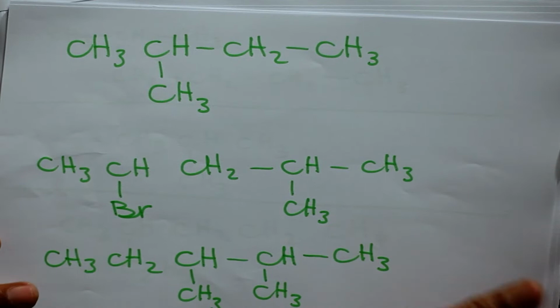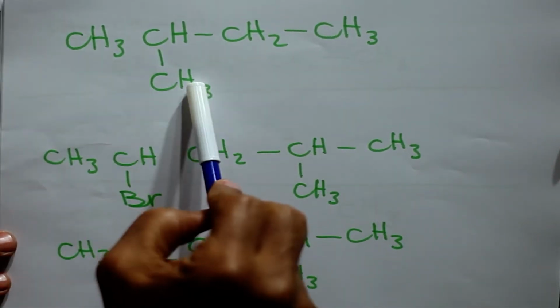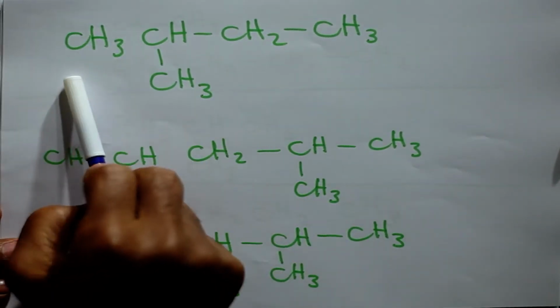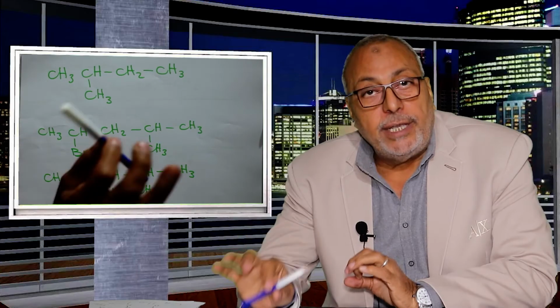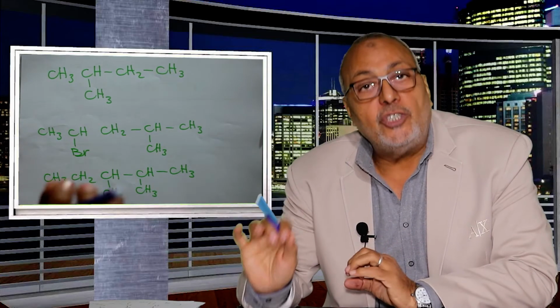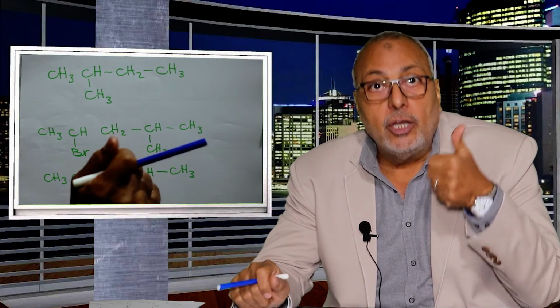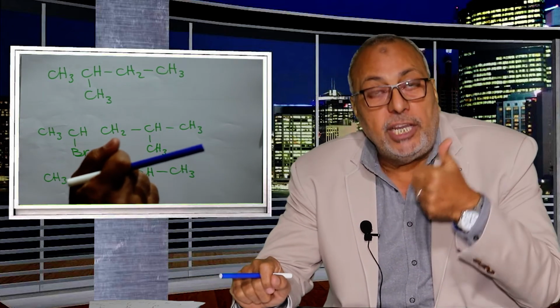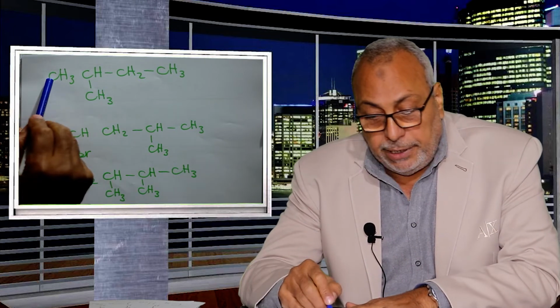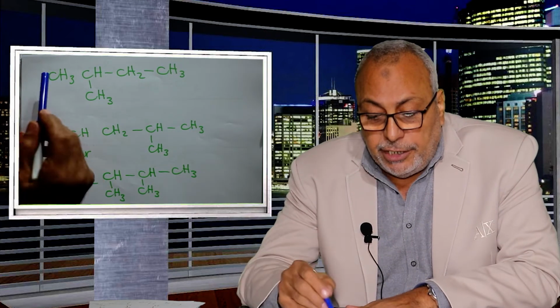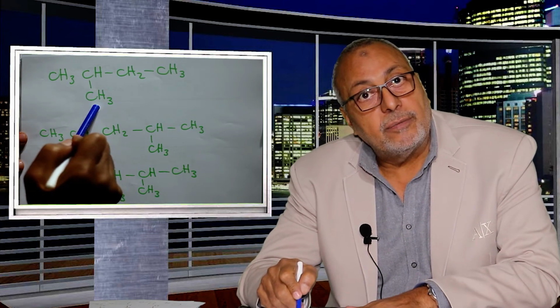The I.U.P.A.C system says that to name any compound, the first rule is to choose the longest continuous chain of carbon. We can number from either end, according to the nearest end to the branch.